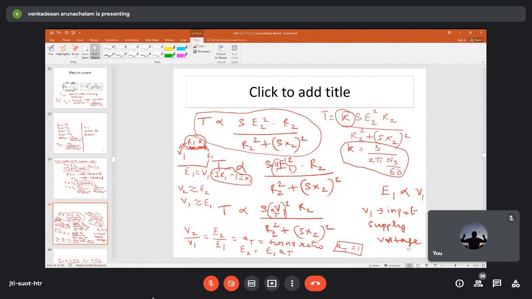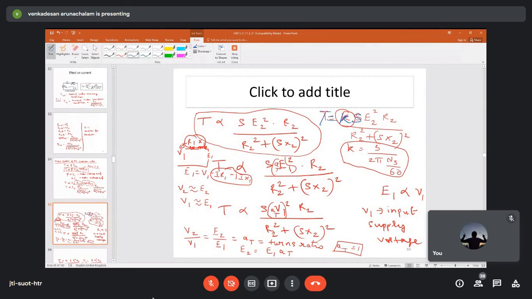And we have to introduce one constant of proportionality. So torque is proportional to S E2 squared R2 by R2 squared plus (S into X2) squared, or simply I can write torque is equal to K S E2 squared R2 by R2 squared plus (S into X2) squared.